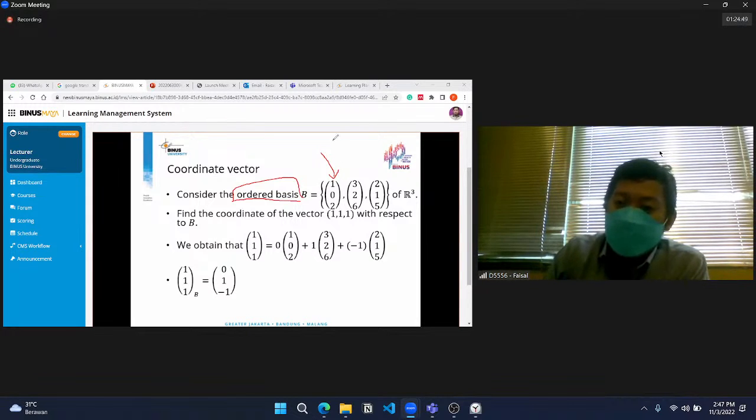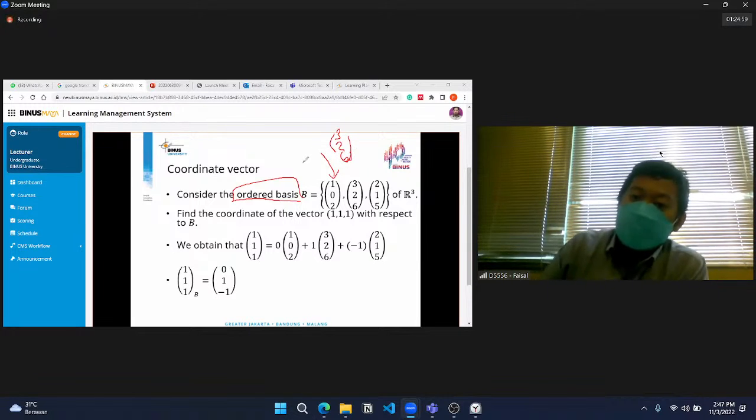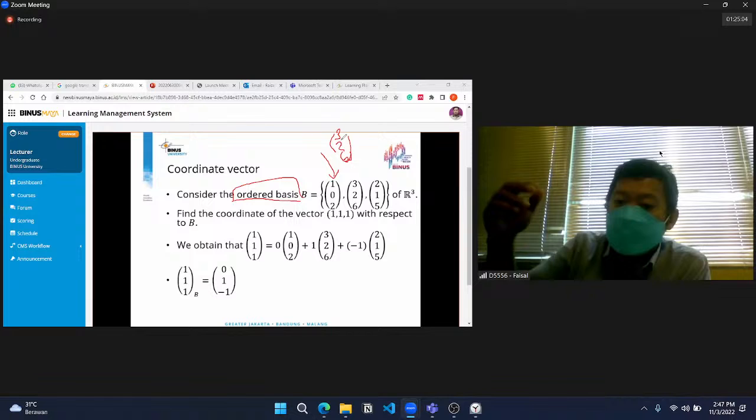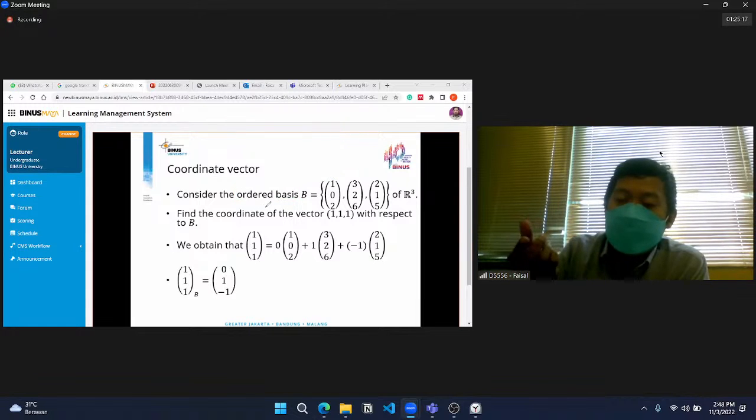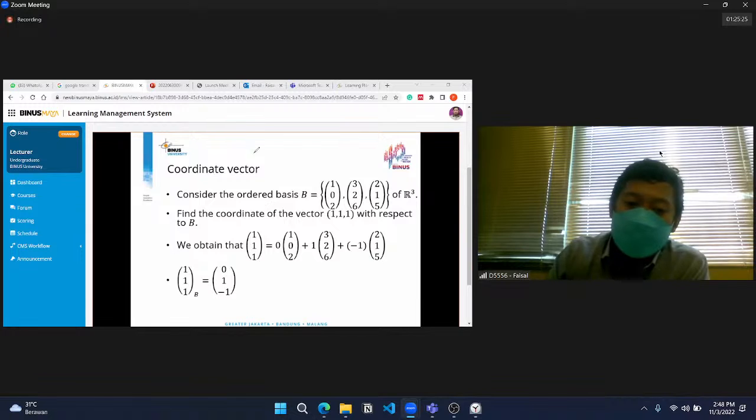If we write (3, 2, 6) first, then this is not B, this is different from B. If the first one is (3, 2, 6), then (1, 0, 2), (2, 1, 5), that's another basis different from B, because in a basis the vectors are listed in a specific order.